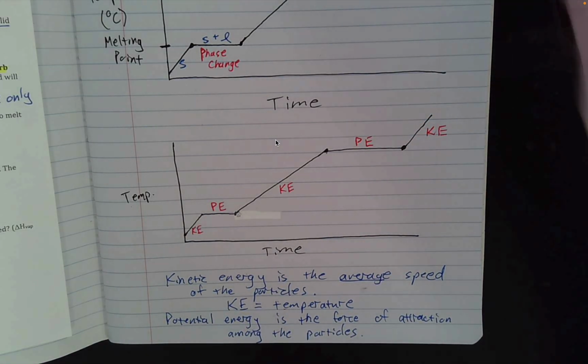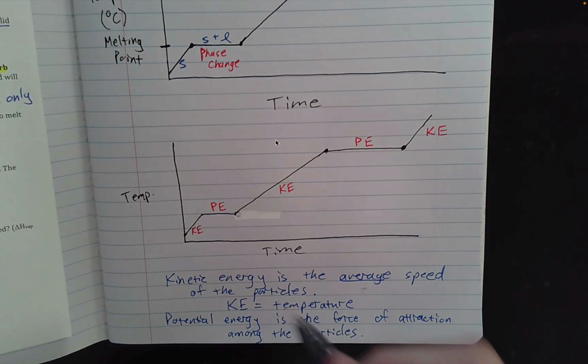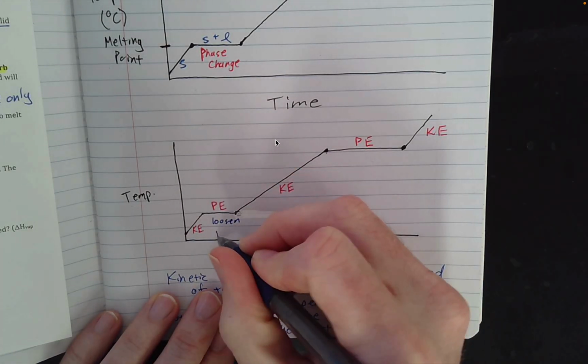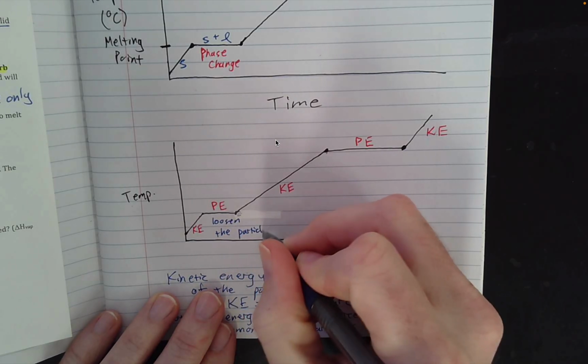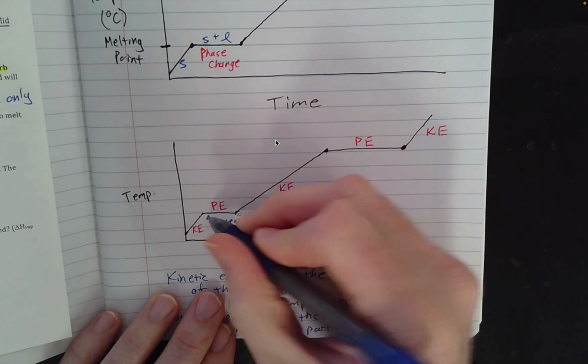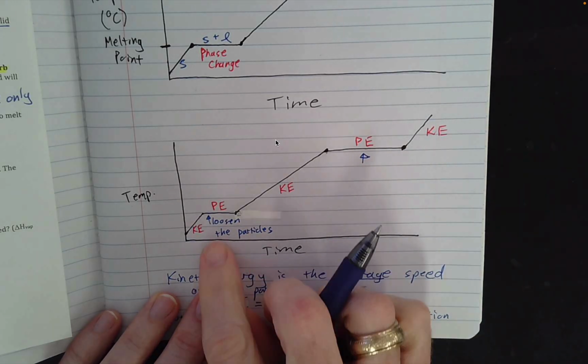We are using the potential energy to either loosen the particles. Here, we are loosening the particles. Or here, we're not going to loosen the particles.